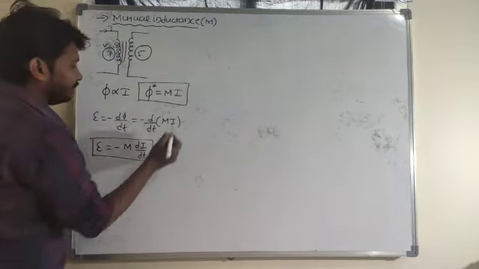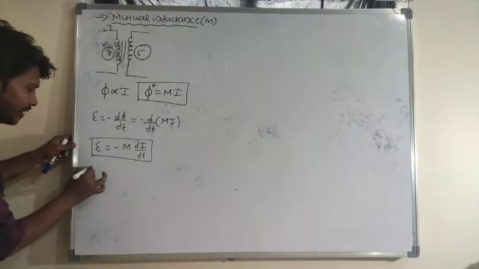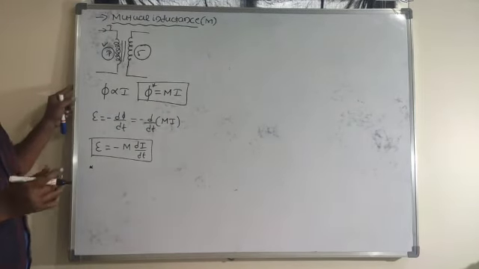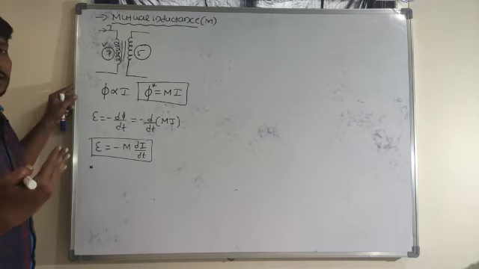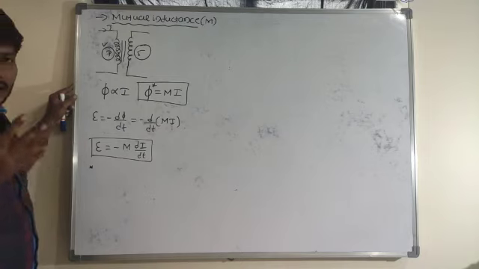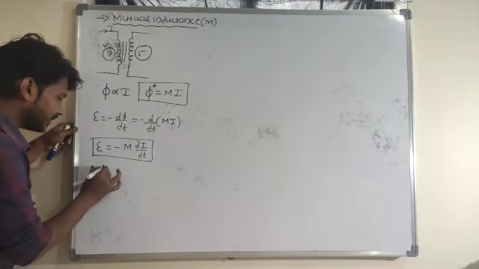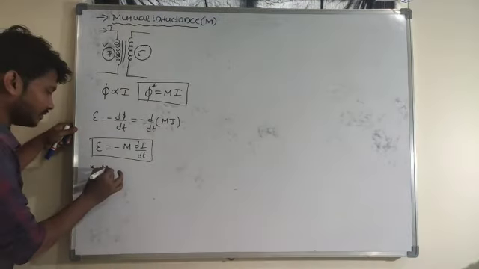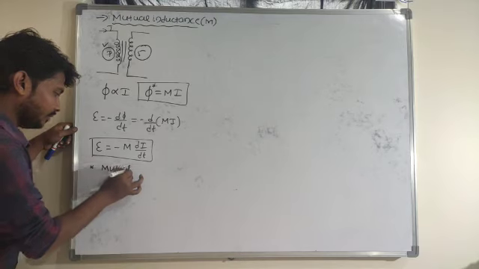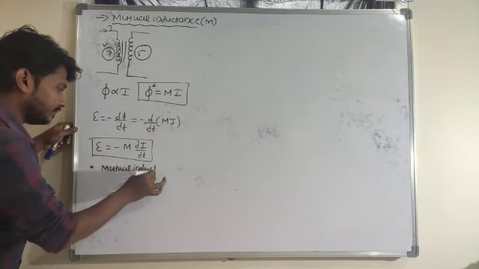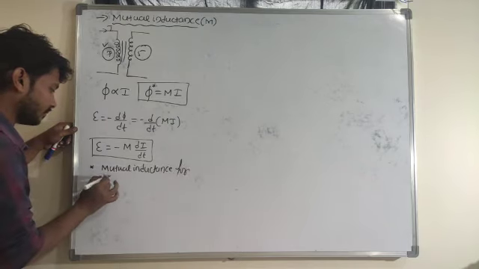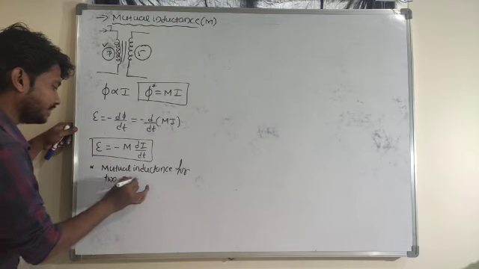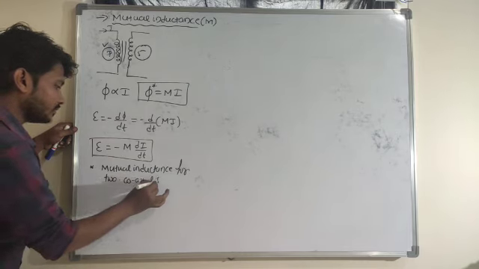In case of mutual inductance, for example, I will consider two coils placed coaxial to each other. Coaxial means along the same axis. Mutual inductance for two coaxial long solenoids.